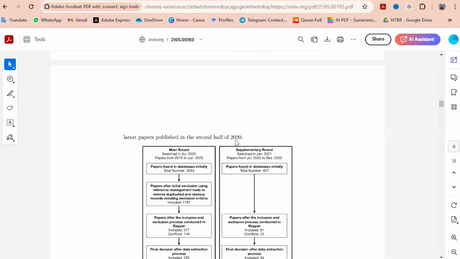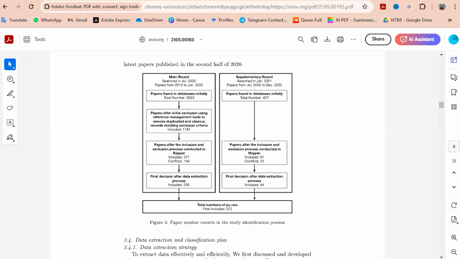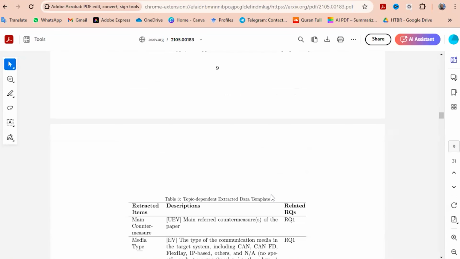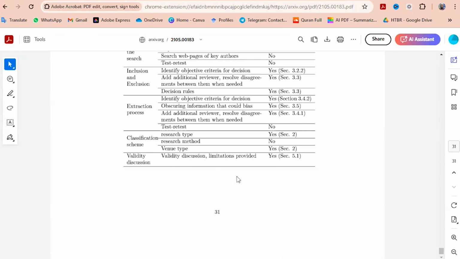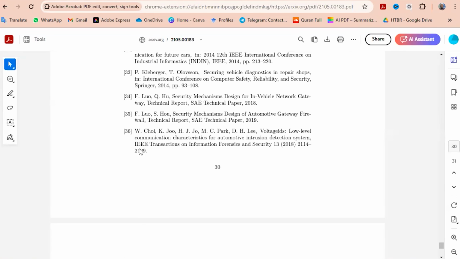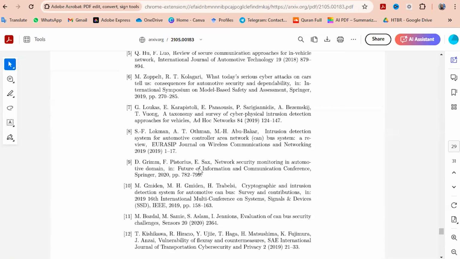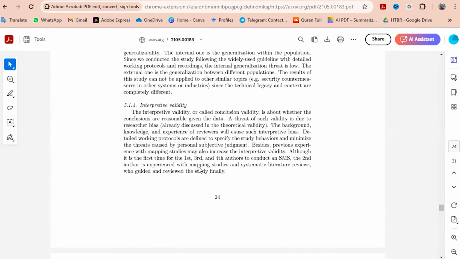For example, at first they found 2533 papers. From these, they considered 279. So this article already reviewed 279 papers. But they did not include everything here, because this will be provided in the description, not in the reference.